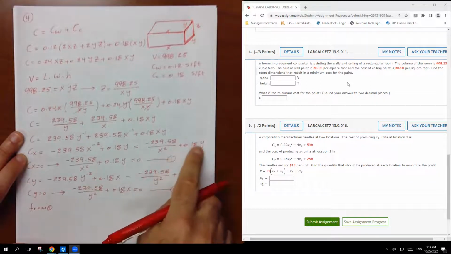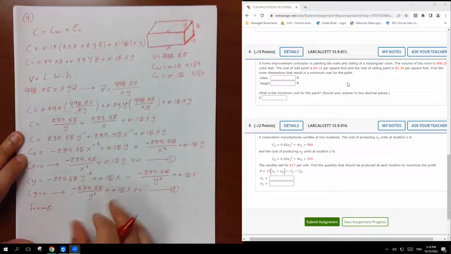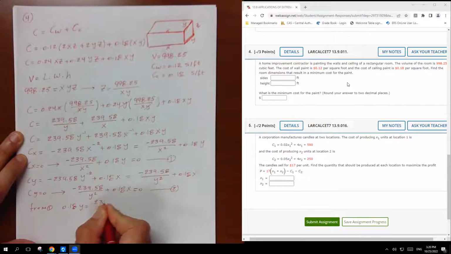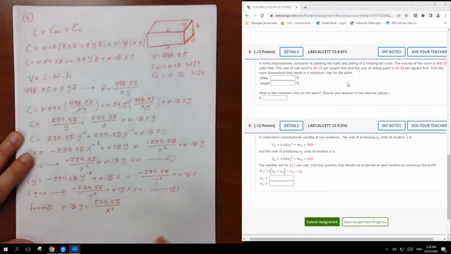I'm going to solve this one for the y. Let me move this one to the other side of the equation. So 0.18 y is going to be 239.58 divided by x squared. Now multiply or divide both sides by 0.18.